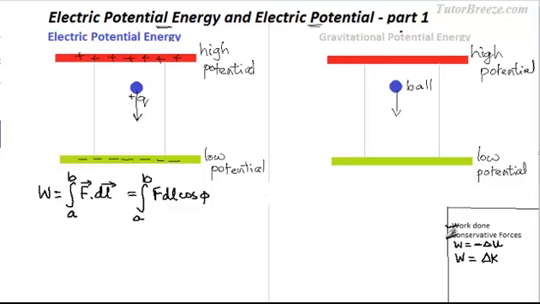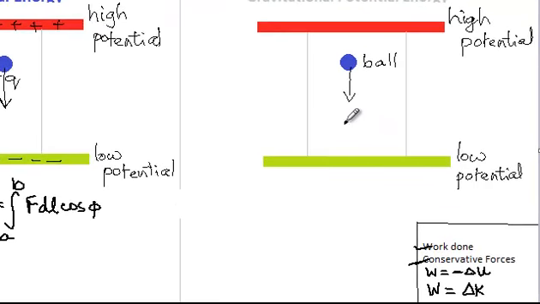Next is conservative forces. Now a conservative force is one for which the work done doesn't depend on the path taken. Say you lift it from this point over here to this point again. Now whether you take it by a straight path, or you take it by a path like this, or you take it by absolutely any other path, as long as the starting point and the final point are the same, the work done is the same in each case.